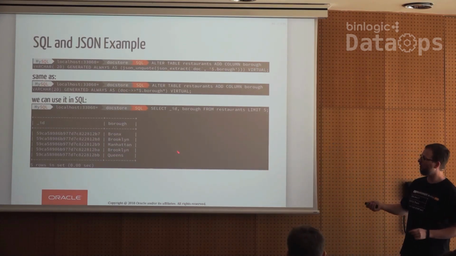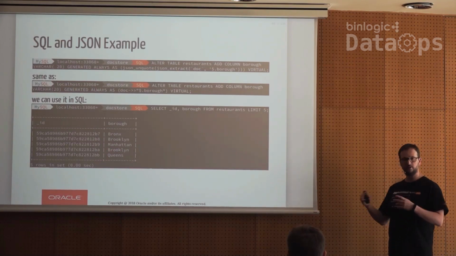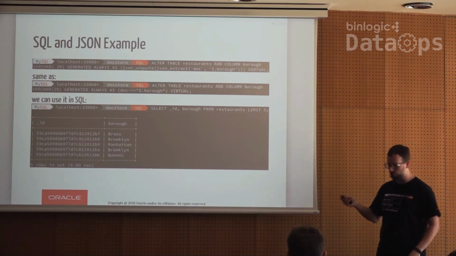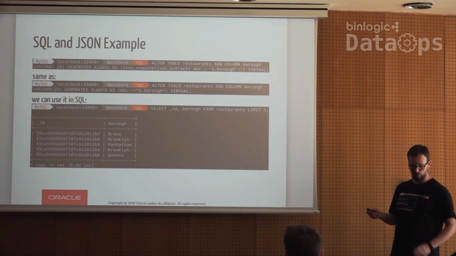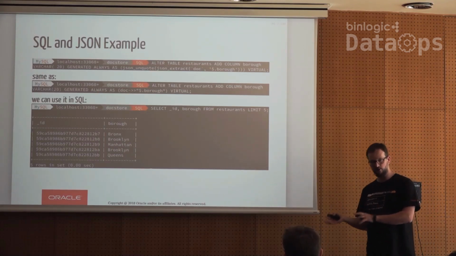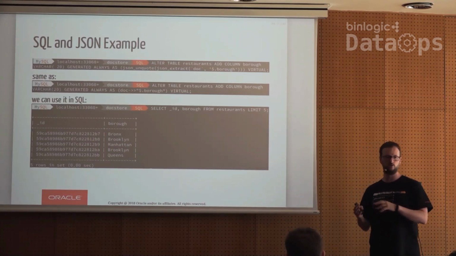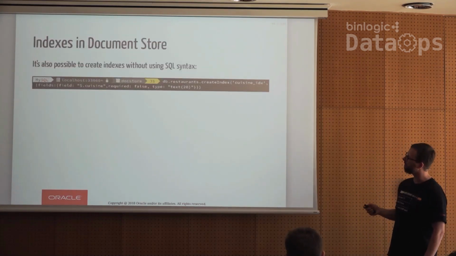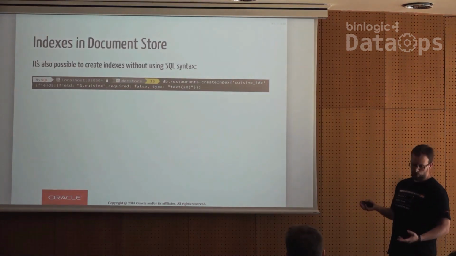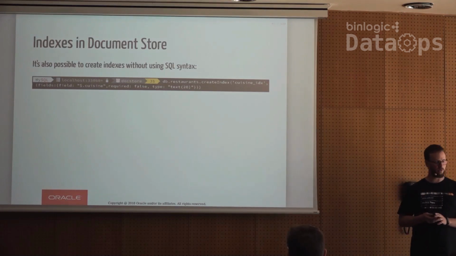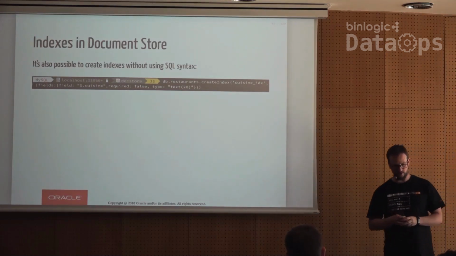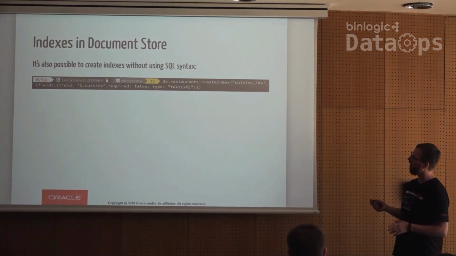But if you don't want the column itself, we made some other function that I will show you after, to be able, without modifying a document or a collection, to act as a table too. So it is also possible, and now I will answer your question, to create an index without SQL syntax.